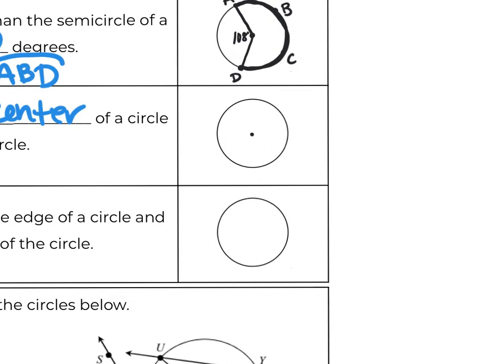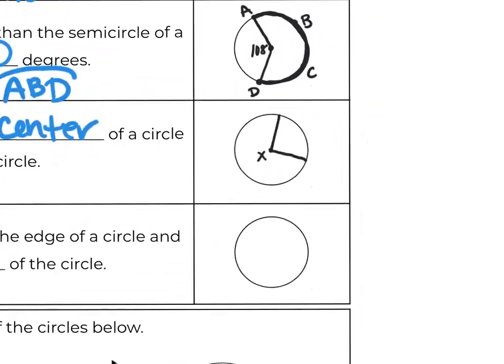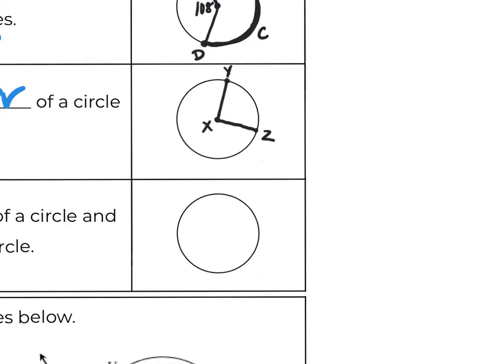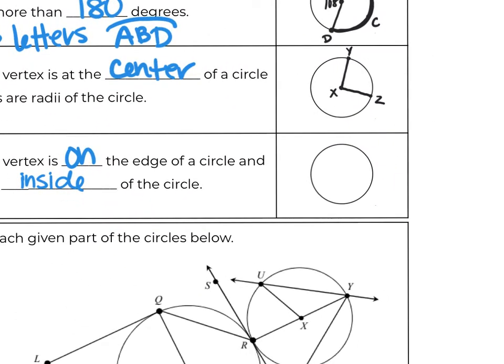So if I have the center of the circle, I'm going to name it X. Then a central angle may look like this. Its sides are radii because they go from the center to the edge, so we'll make those Y and Z. It's a central angle because its vertex X is at the center.